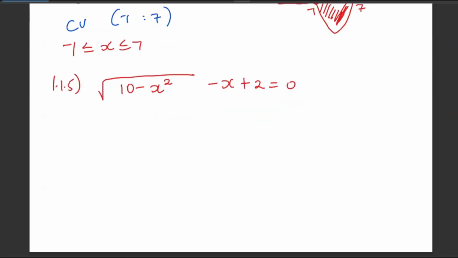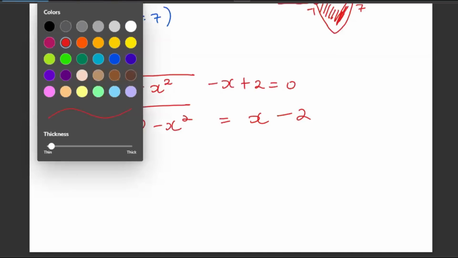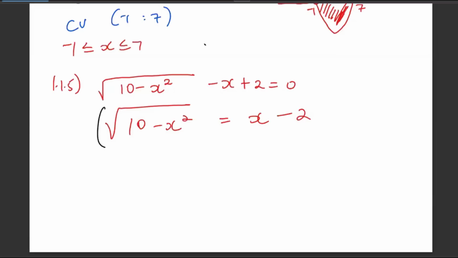First things first, we need to isolate the root form. So this should be left on one side, let everything move to the other side. So you're going to have the square root of 10 minus x squared is equal to x minus 2 when this moves that side. Then step number 2, we need to square both sides so that we get rid of the root sign.